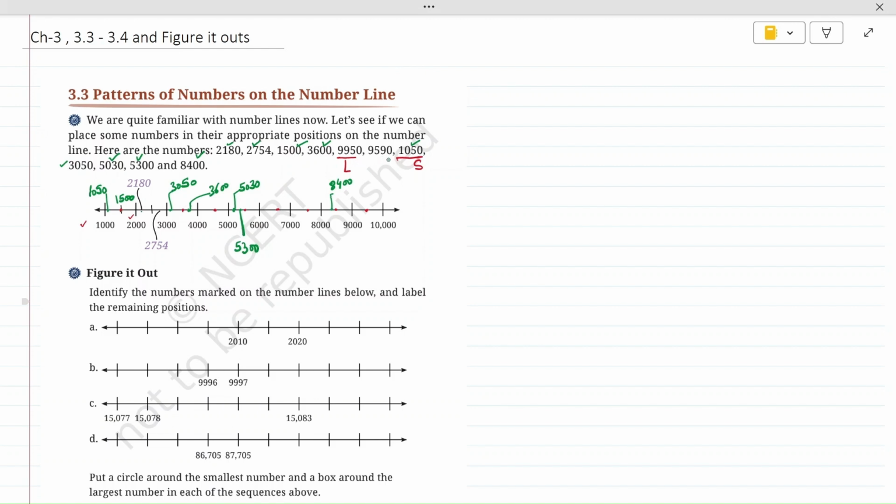So this 9590 is just a little more than the midpoint, slightly towards the right of 9500. We will have 9590. And the last number given to us here is 9950. So this 9950 is very, very close to 10,000. I'm marking it here. Okay. This is 9950. So here we have marked all the numbers on the number line.